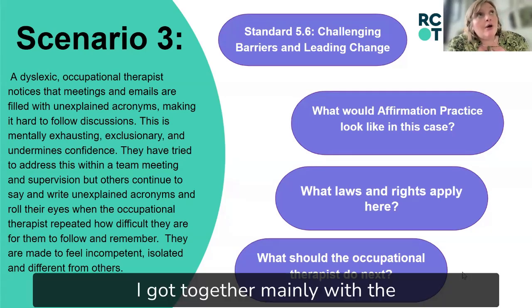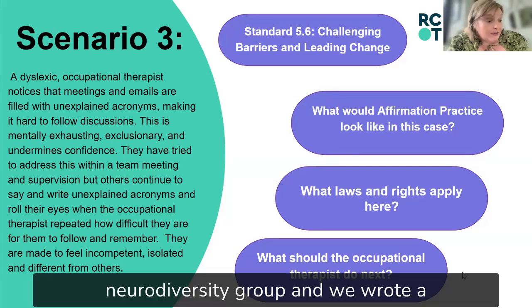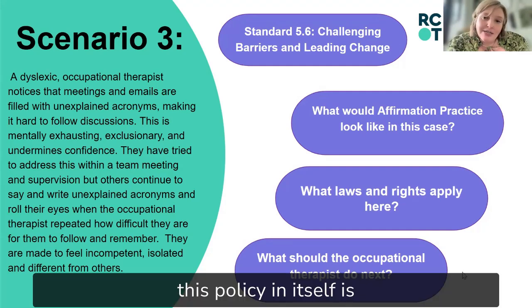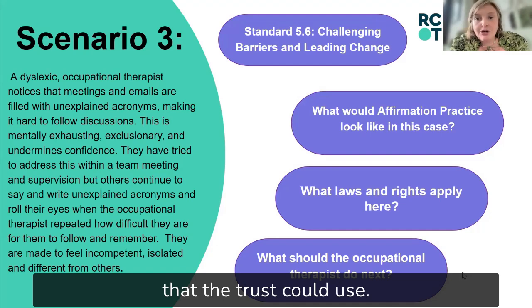I got together mainly with the neurodiversity group, and we wrote a reply to basically say, actually, this policy in itself is discriminatory because you're creating a list of accepted acronyms that the trust could use.